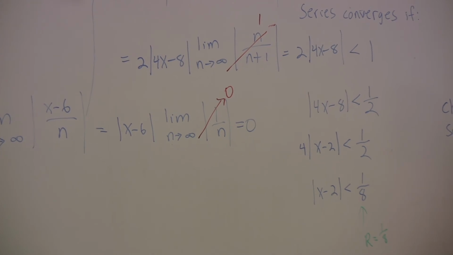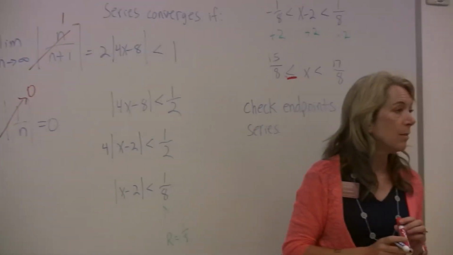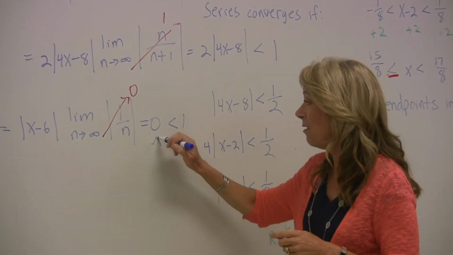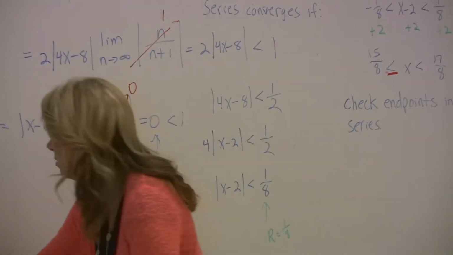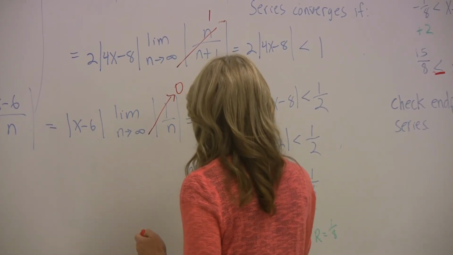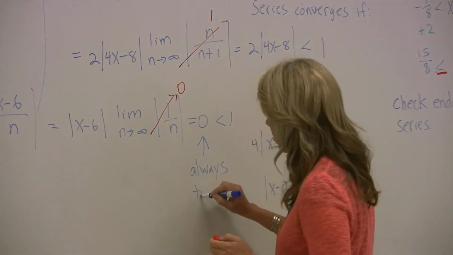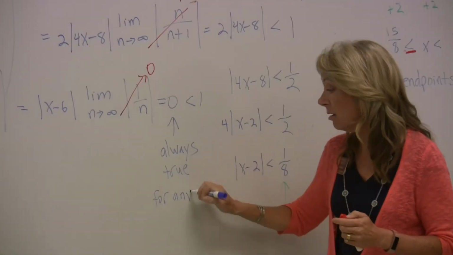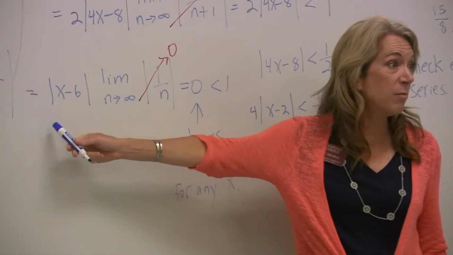How often is that less than 1? Always. Always less than 1. Always true for any x. I don't care what x you give me, this is going to be true.